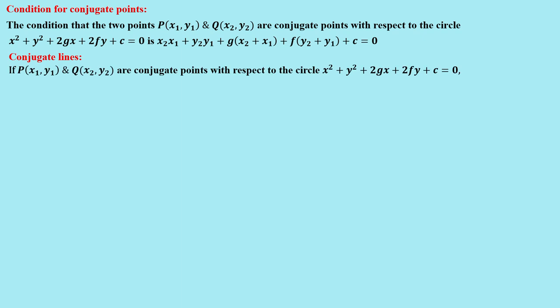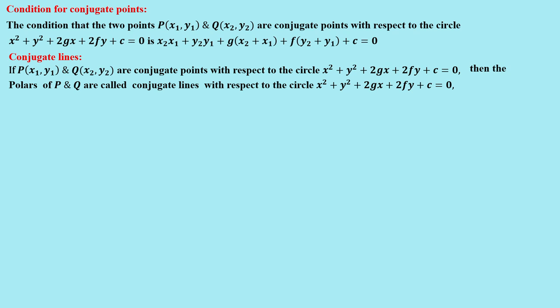Then conjugate lines: if P(x1, y1) and Q(x2, y2) are conjugate points with respect to the circle, then the polars of P and Q are called conjugate lines with respect to the given circle. So first note, two lines are conjugate if and only if the pole of one lies on the other line, right?